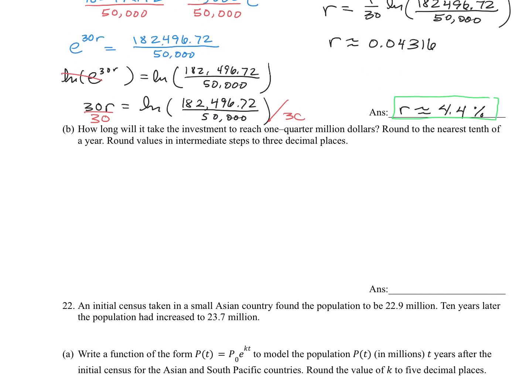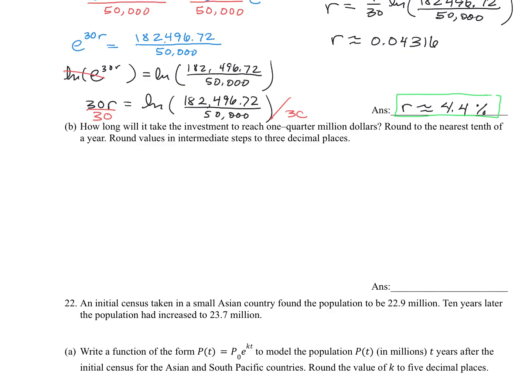All right, next question. We want to find out how long it will take for us to reach $250,000 with that now calculated interest rate. So if I do that, and again, I'm going to go back to the 4.3 because I now want to be cautious on the side of, I'd rather use a lower rate than use the higher rate because I may lose some time in the process.